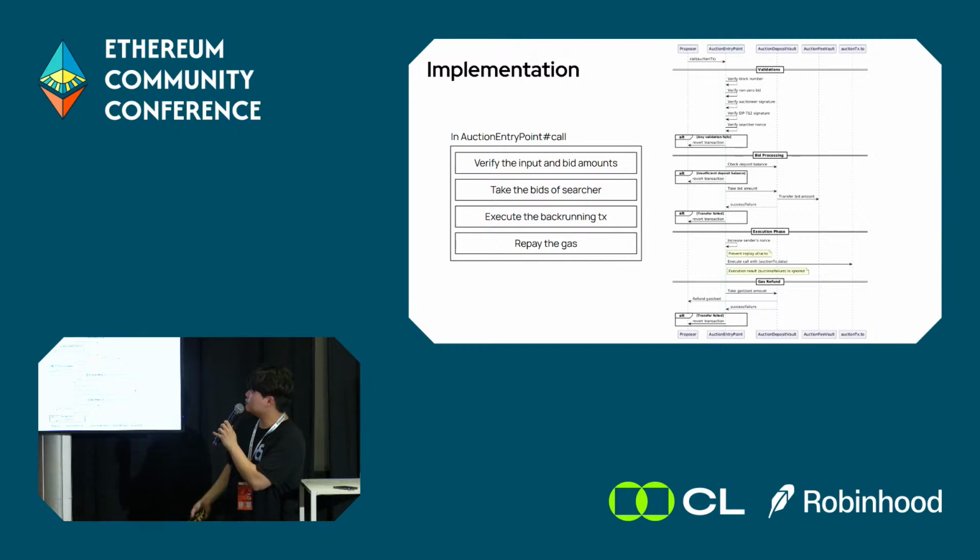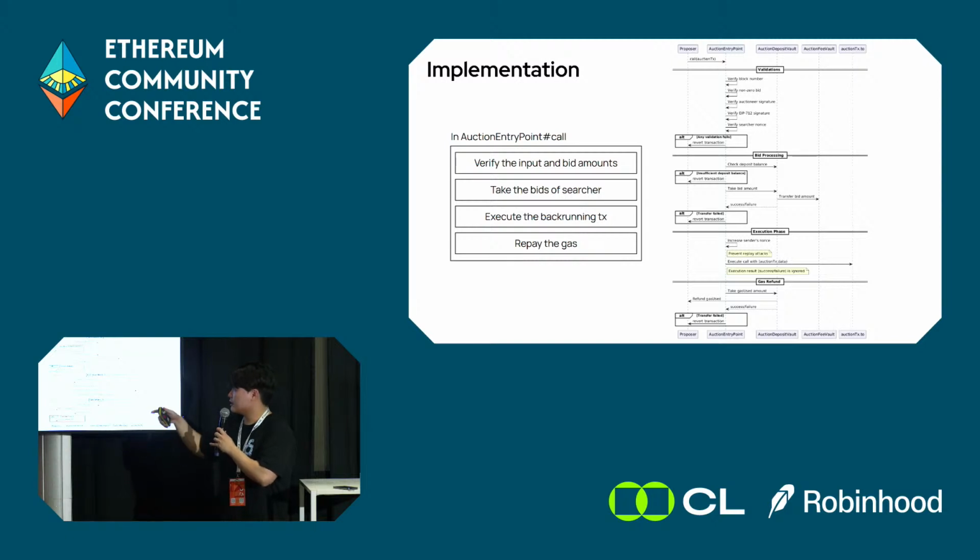And this is the whole diagram, a simple diagram. First of all, there's the auction transaction call. Please note that the message sender is the validator. First we do some basic validation like the block number, bid amount, auctioneer signature in EIP 712, and the searcher's nonce. After the verification passes, we start the bid processing: we deduct the deposit from the searcher, take the bid to our fund, and refund the gas to the validator.